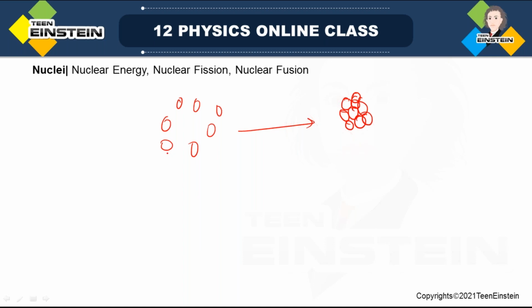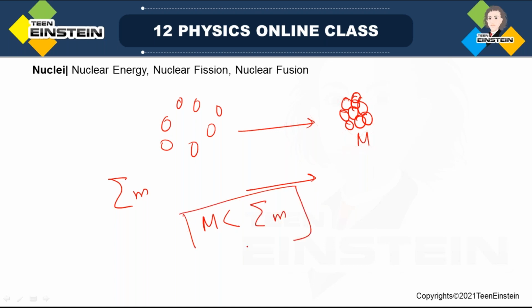Okay, let me tell you here. See, you have neutron, proton. You know the masses of all three, neutron and proton. So if you take the summation over all of them, and if you just see the mass of this compact nucleus, it is seen that the mass of the nucleus is less than the mass of the sum over all the constituents.